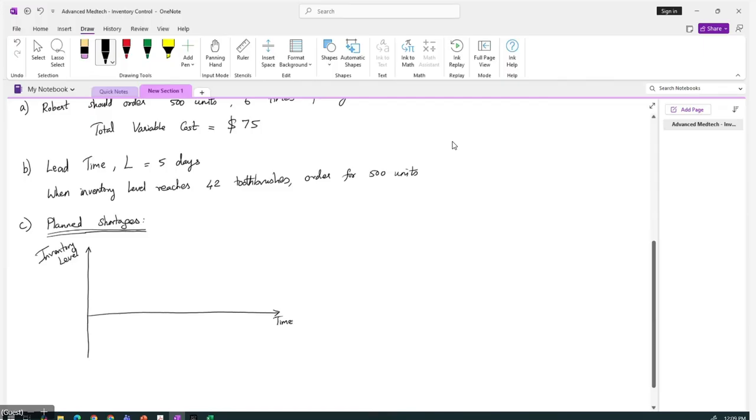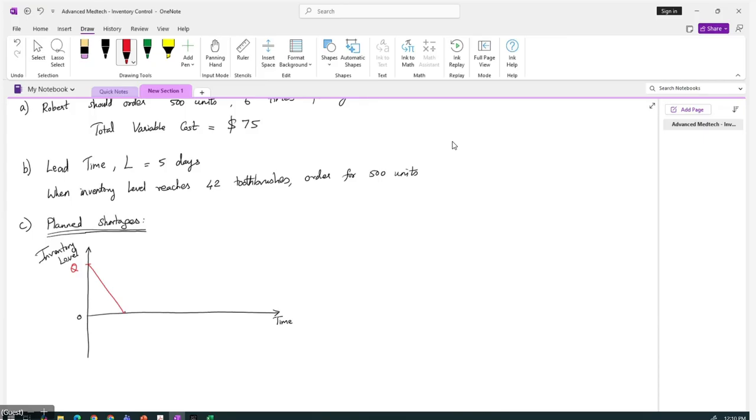This is 0 inventory. What will I do? I will order Q. If I order Q, my inventory will start from here and gradually come down to 0. This is what happened previously.